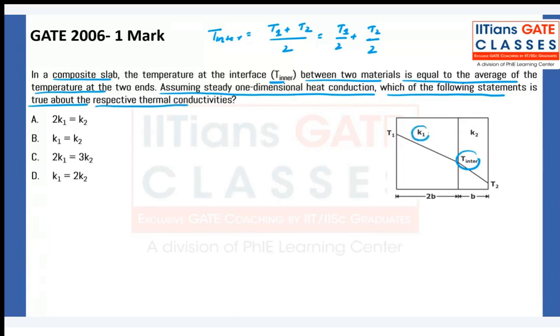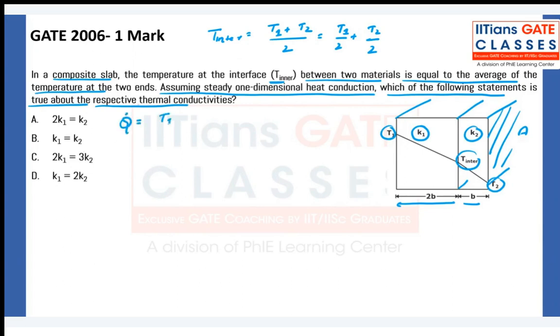This body has a thermal conductivity K1. This has K2. The thickness is 2B and B. Temperature here is T1. And now see, area is constant. Per unit area. Area for both the blocks is the same. So can I write Q dot is equal to (T1 minus T interface) upon resistance 1.